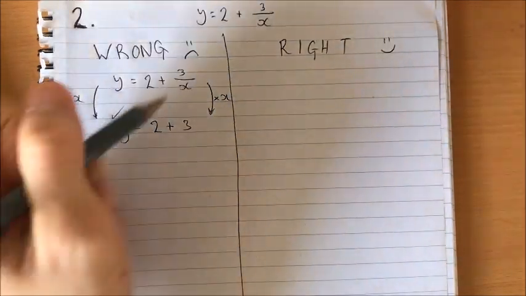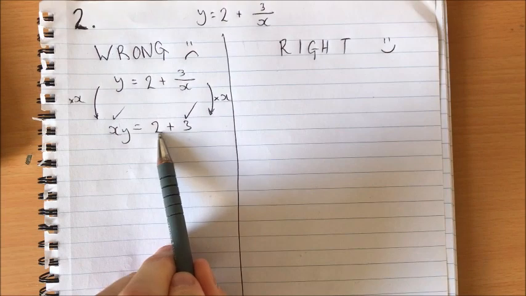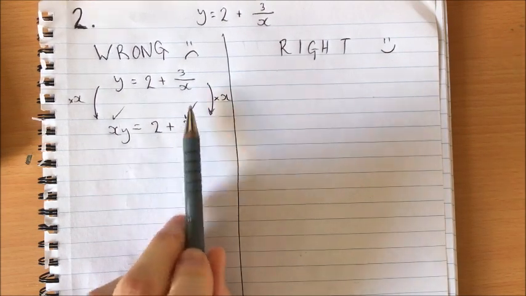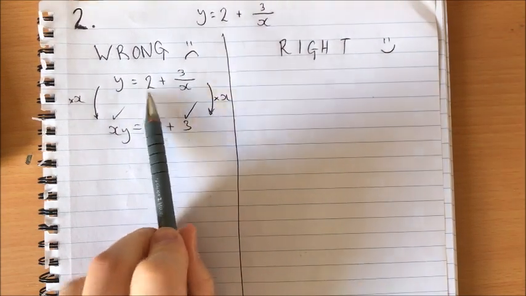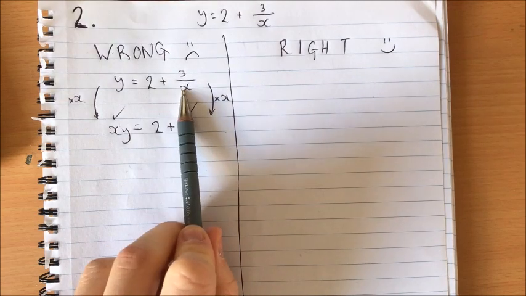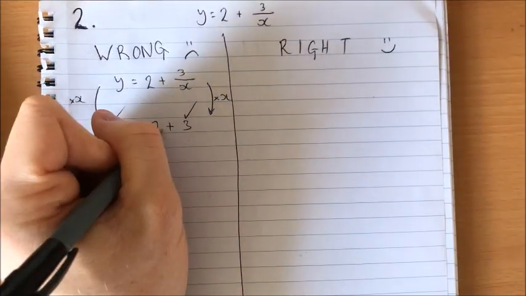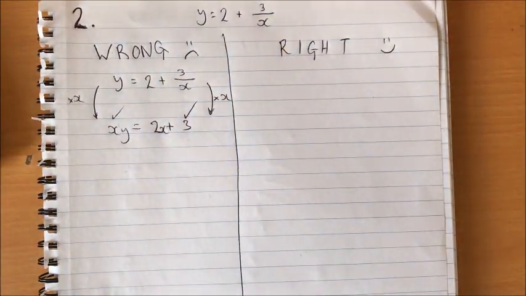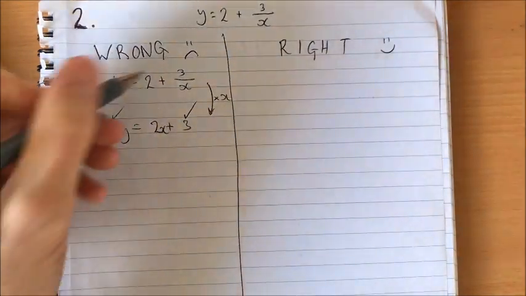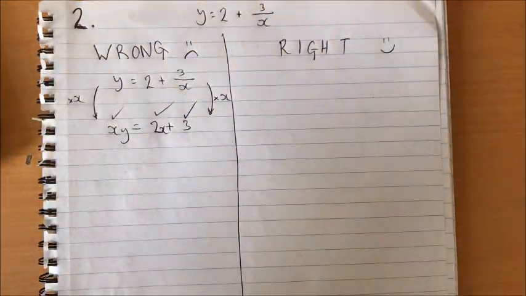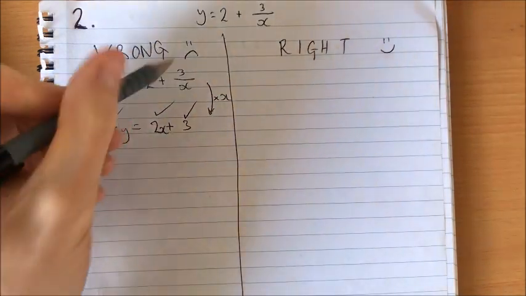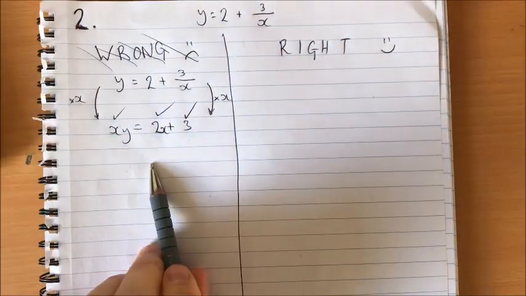So this bit has been multiplied by x, but that should be 2x, because you need to times everything by x. You need to times this 2 by x, this 3 divided by x by x. So this should be 2x. Okay, so now this is fine. We did do it wrong, but now this is correct.